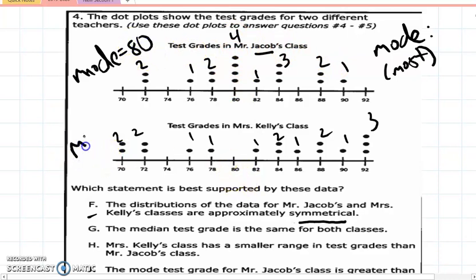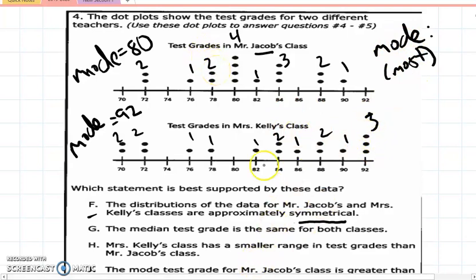What's Kelly's mode? The biggest one is 92. That's the one that repeats the most. The mode means the one that repeats the most.